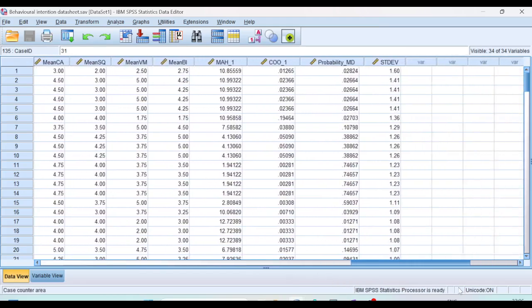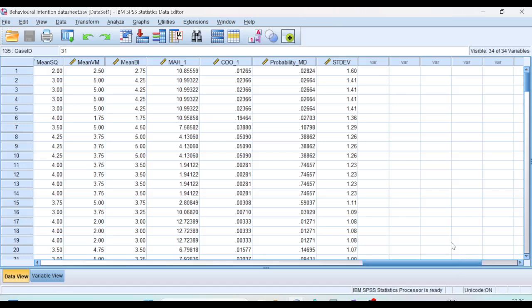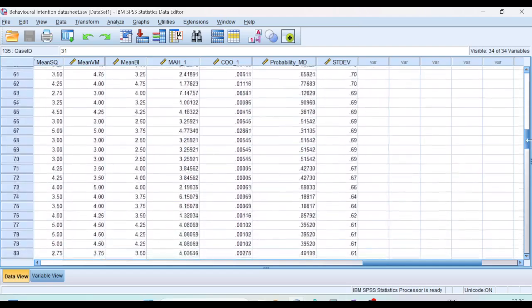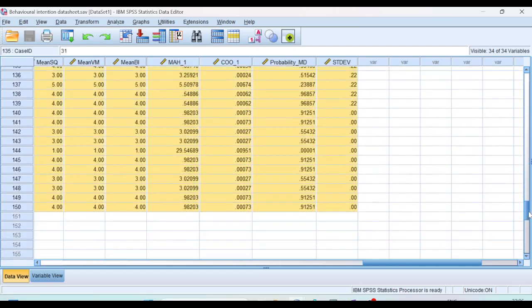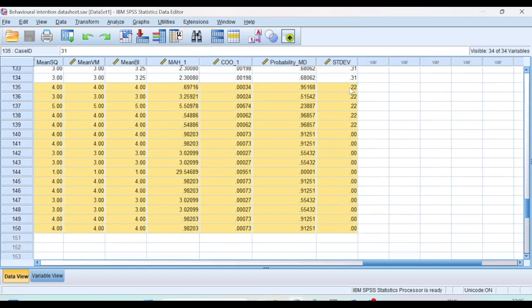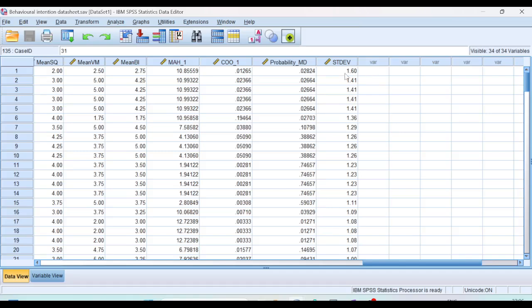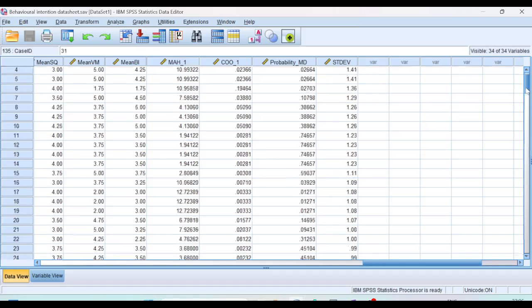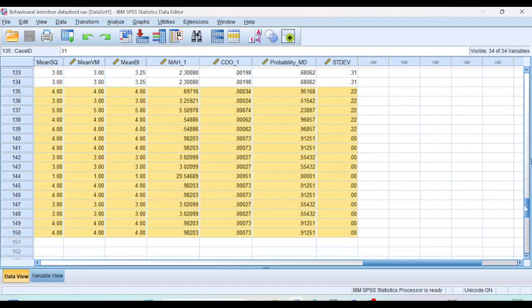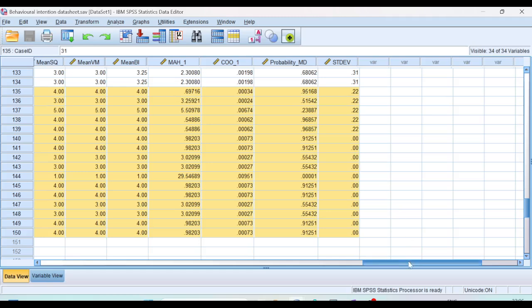Last time we learnt how to identify unengaged responses through standard deviation, and I told you that if any respondent exhibits a standard deviation of less than 0.25, then it is deemed to be an unengaged response and we must remove it. So these are the cases. I have arranged standard deviation in descending order, and these are the cases which have a standard deviation below 0.25. So I need to clear them out from my data.